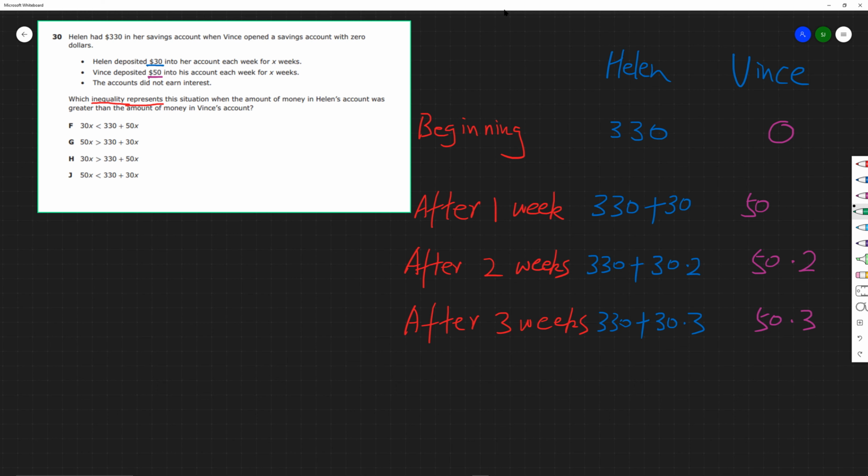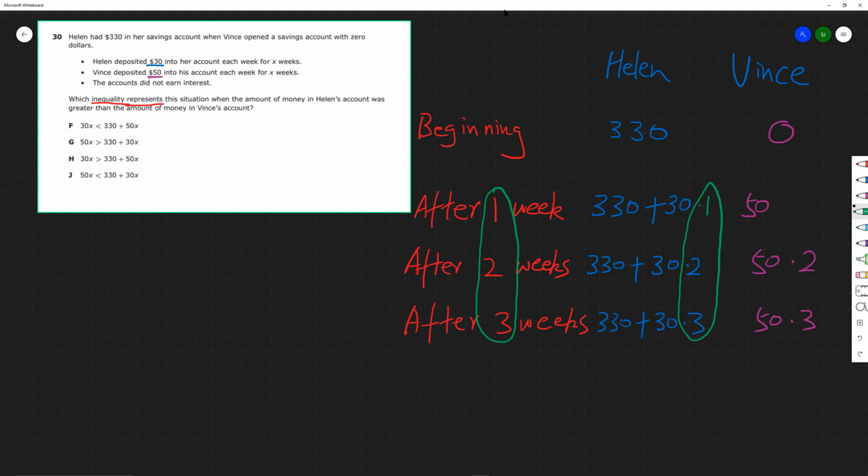If we compare vertically, we can see for Helen, most of this expression remains the same. It's only this part that changed. The 30, we can think of it as 30 by 1 week. Just this part changed and the rest remained the same. It's the same thing with Vince.